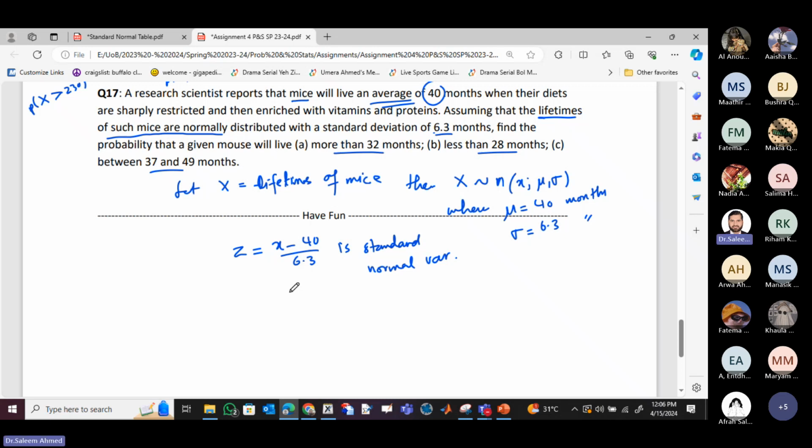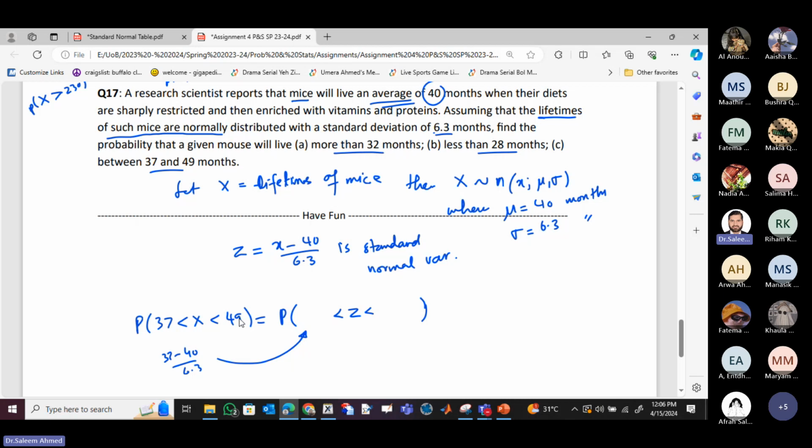But you should remember the criteria: whatever question is given is for X. Then we convert the question to Z by changing 37 to 37 minus 40 by 6.3.